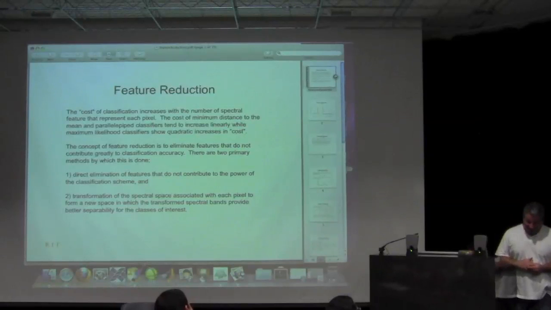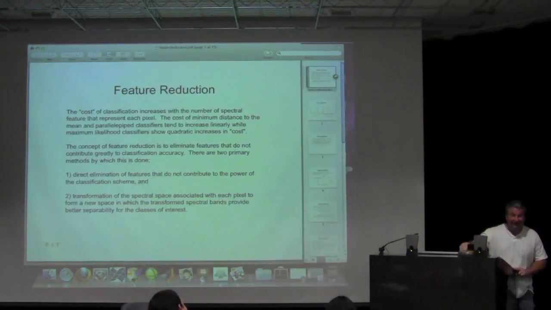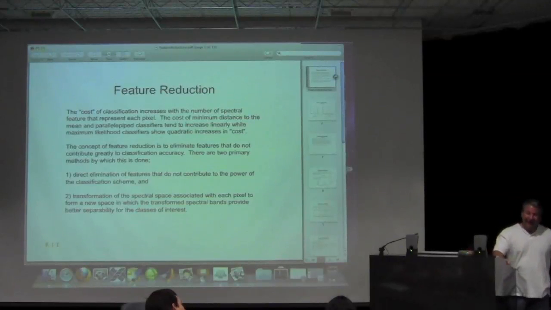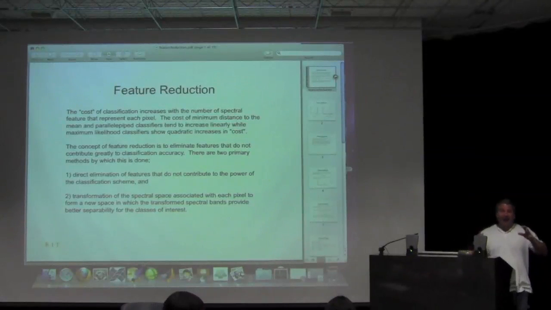No, I totally understand what you're saying, and the answer is most of the time we just take the defaults inside of ENVI and see what it does. Not a good answer. The only way to really do that for sure is to look at that image. Say I'm doing an agricultural study and I want to make sure I get cornfields separated from soybeans. Let's assume they look different when they're planted.